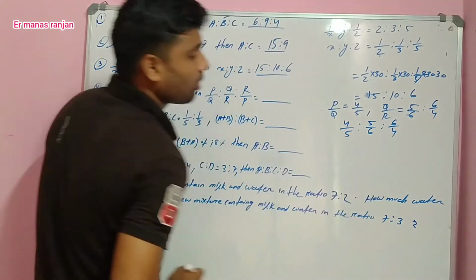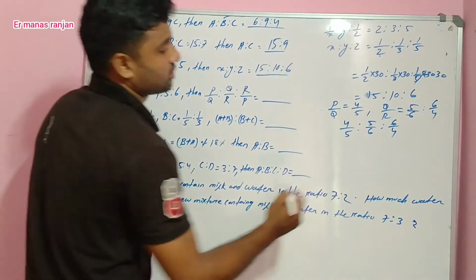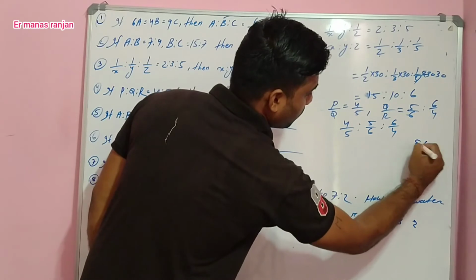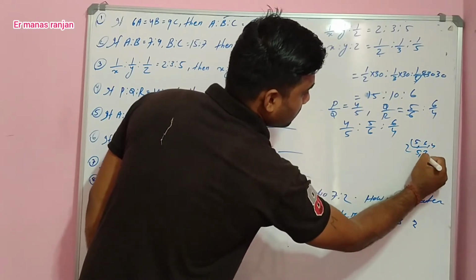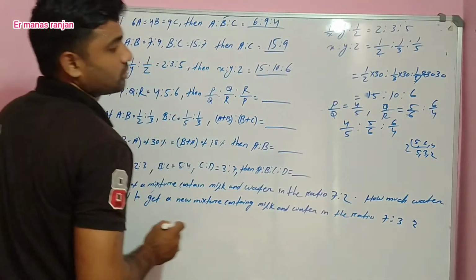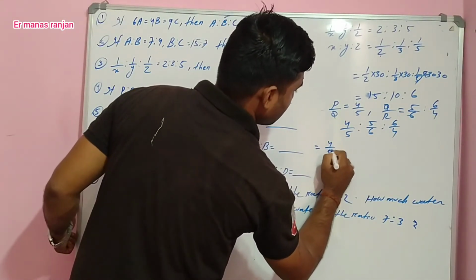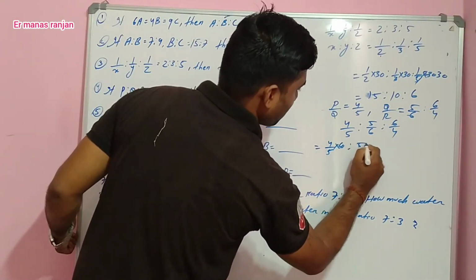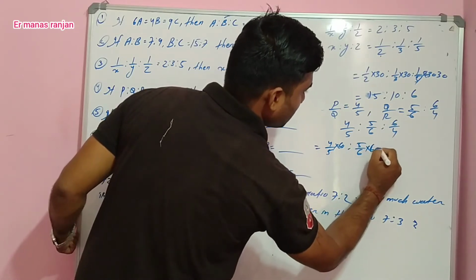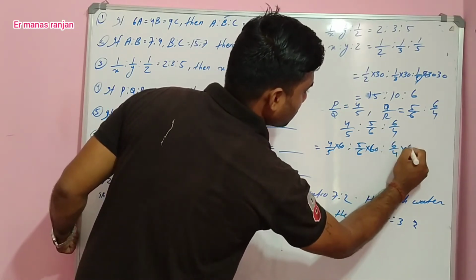Take the LCM of all the denominators. All denominators: 5, 6, 4, 3, 2. How much? 60. So multiply by 60: 4 by 5 into 60 is to 5 by 6 into 60 is to 6 by 4 into 60.